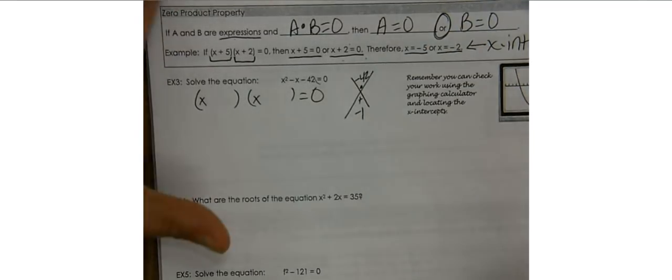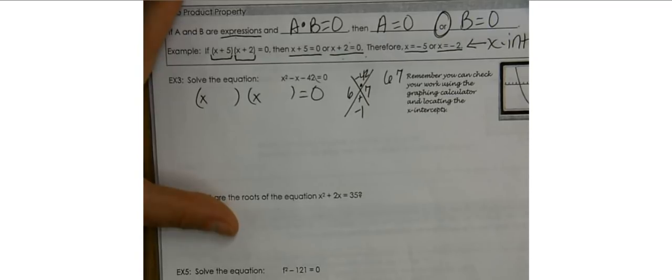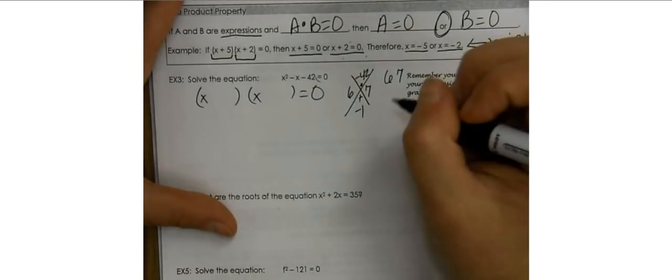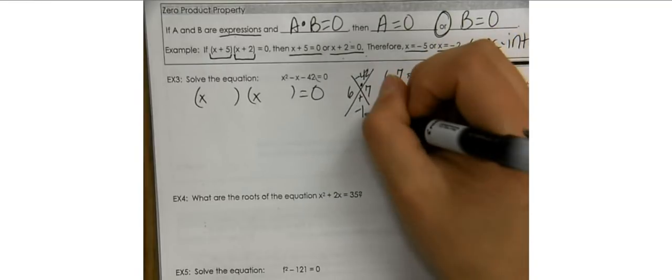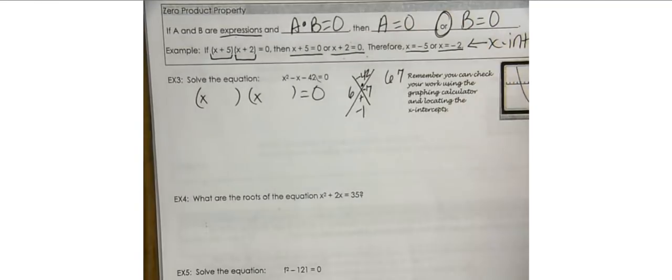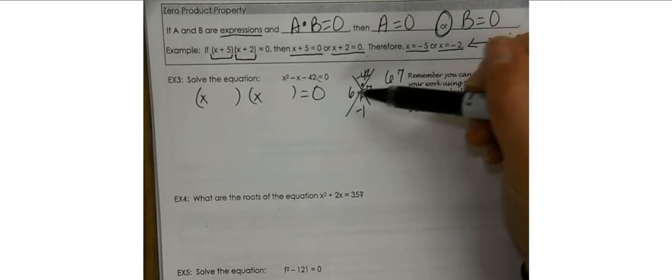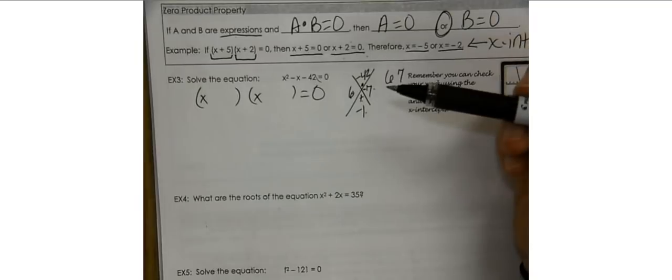Whenever I think of 42, I always think of 6 and 7, because they're only one term apart from each other. I want it to be a negative 1, so that means I need 7 to be negative. 6 times negative 7 equals negative 42, and 6 plus negative 7 equals negative 1.